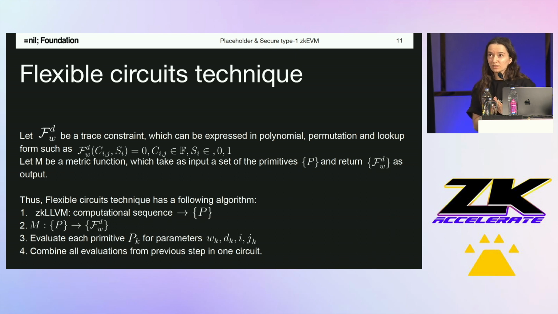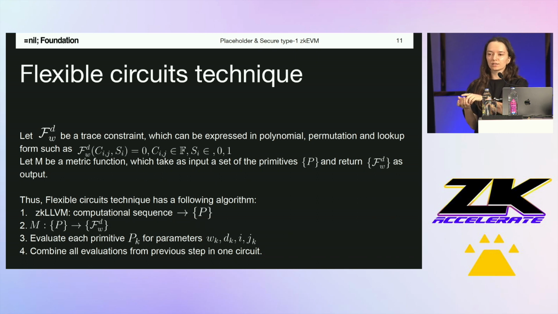Okay, the overall algorithm looks like this. Firstly, we use zkLLVM. We get some source C++ code, maybe Rust code, it doesn't matter, and we get a set of primitives as output. After this, we use our metric function, which tries to get better results.